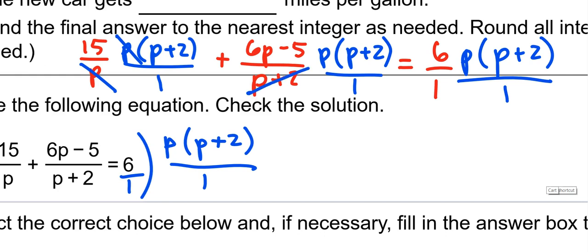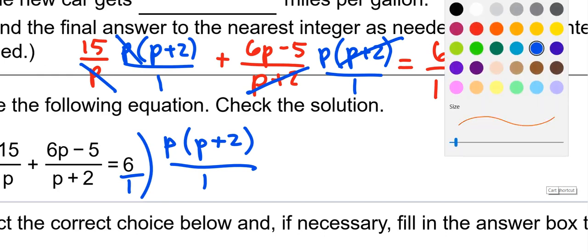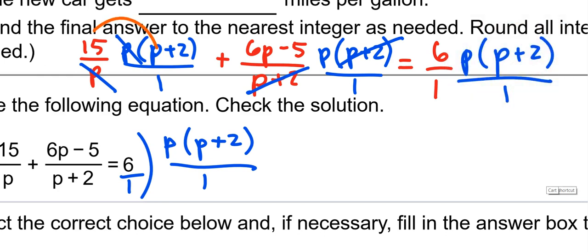P plus 2. And does anything cancel out in the last one? No. So, folks, you're going to be distributing a 15 to that one, a p to this one, and a 6p to this one. Write it out. Do the distribution.